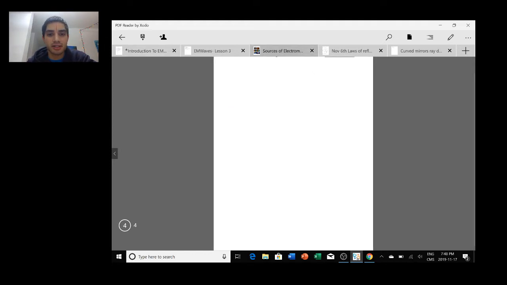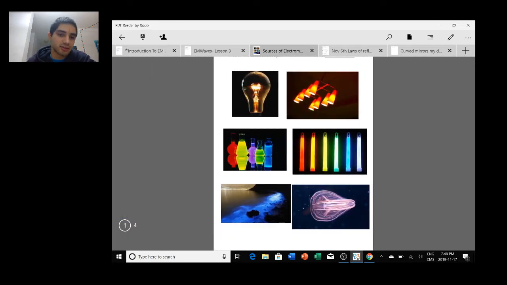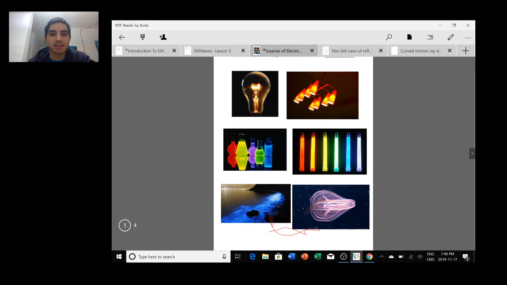And then the next thing is, based on a diagram or description, or you have to provide the description, the difference between different sources of electromagnetic waves or light waves. In this case, mostly we just talked about visible light.